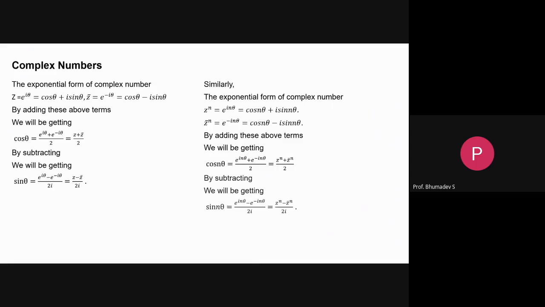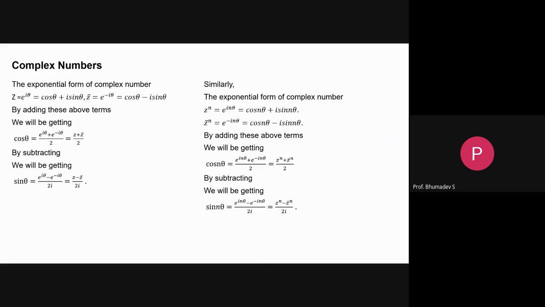In the same way, when we subtract, sine n theta can be written as z to the power of n minus z bar to the power of n upon 2i, and the corresponding exponential representation is e raised to i n theta minus e to the power of minus i n theta upon 2i.